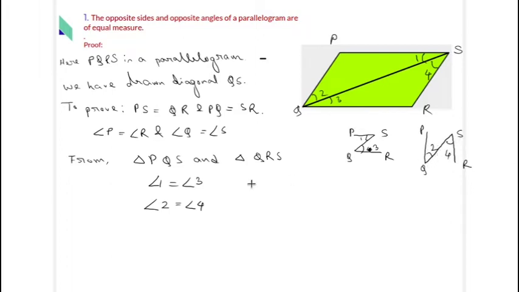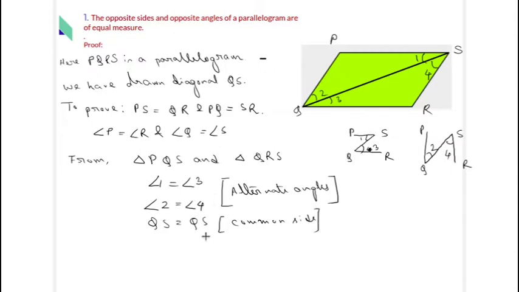Again they are alternate angles, so here we will write down the reason why, because they are alternate angles. Okay, now in these two triangles QS is the common side, so we will write QS is equal to QS because it is the common side.